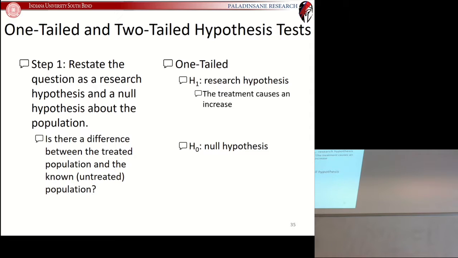Treatment causes an increase. The null hypothesis is always a complete opposite of the research hypothesis. So if the research hypothesis is that the treatment causes an increase, your null hypothesis is that the treatment does not cause an increase. Right? That's a complete opposite of the treatment causes an increase.